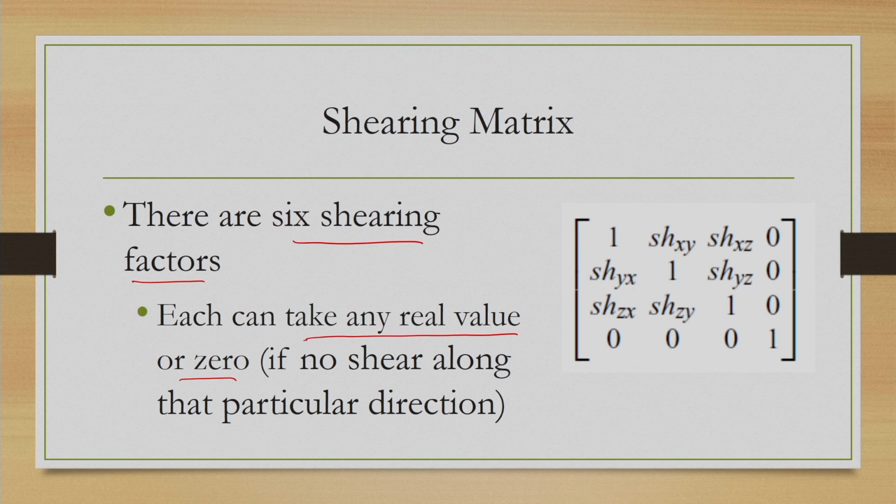So, when a shearing factor is 0, that means along that direction there is no shearing. And with respect to the 6 factors, the shearing matrix looks something like this, where SHXY, SHXZ, SHYX, SHYZ, SHZX and SHZY are the 6 shearing factors.